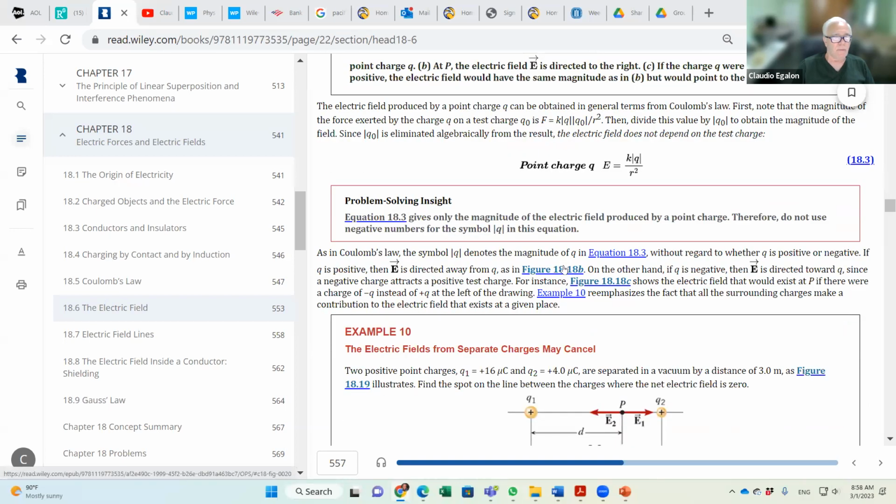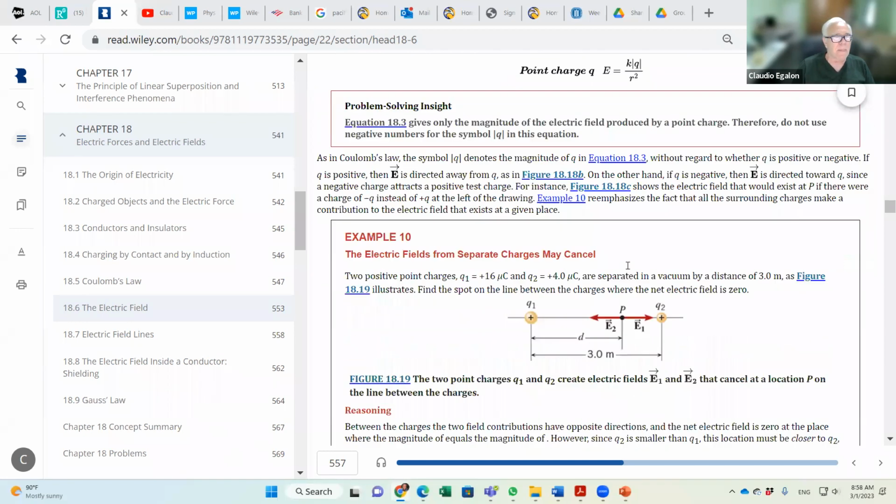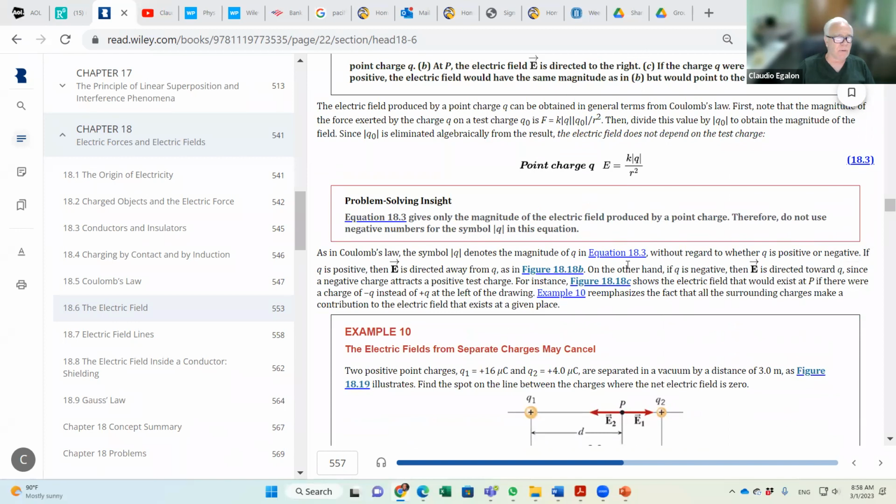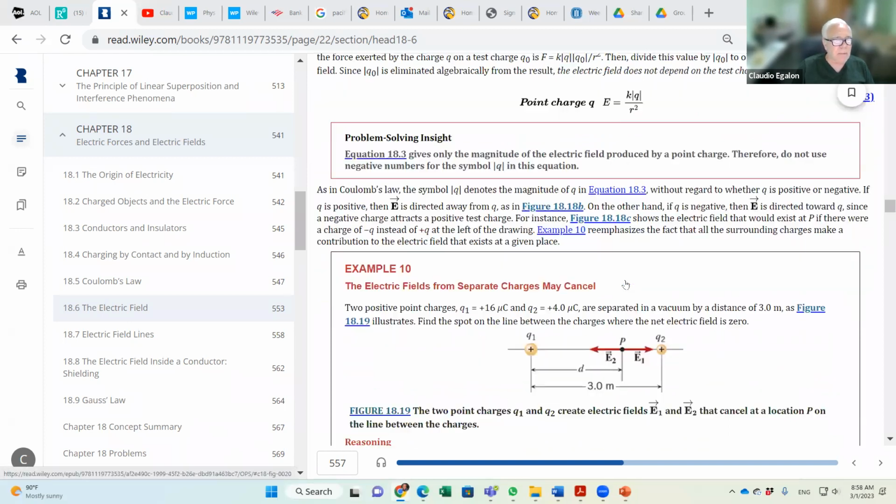And for a point charge, Q, the electric field is kQ over r squared. If you have another charge, Q1, next to this charge, the force is going to be Q1 times E. So the force is just the electric field times the test charge.